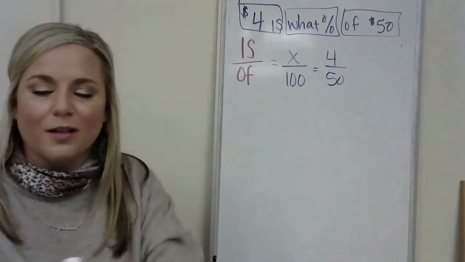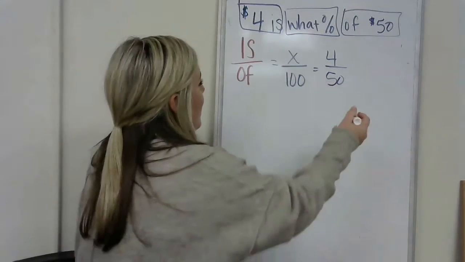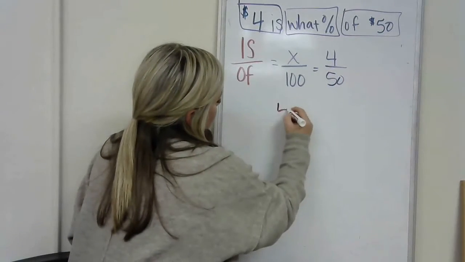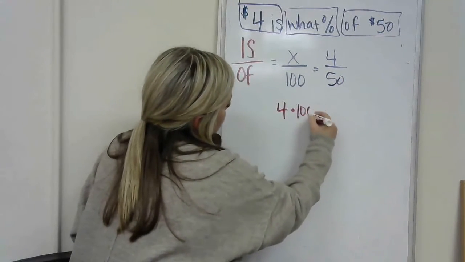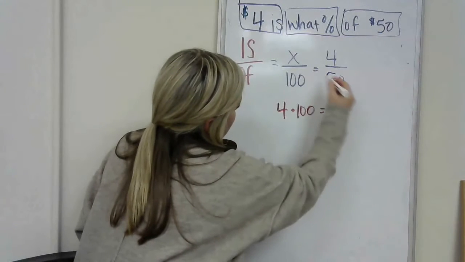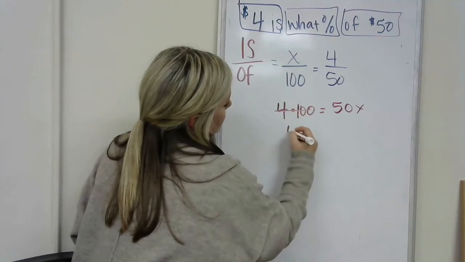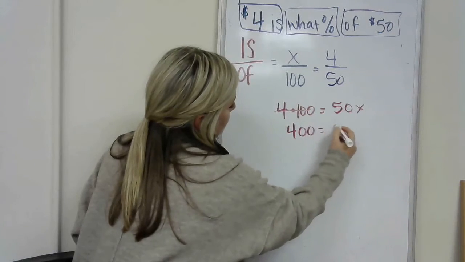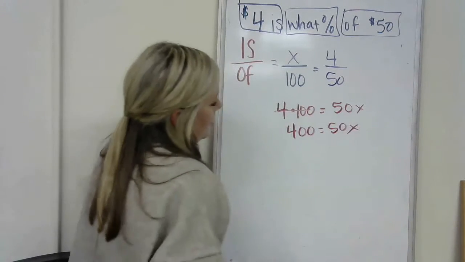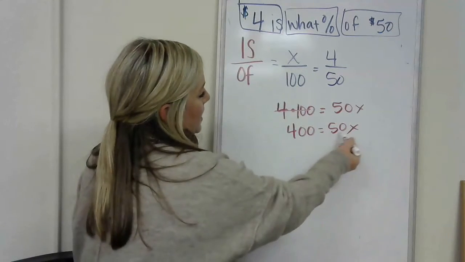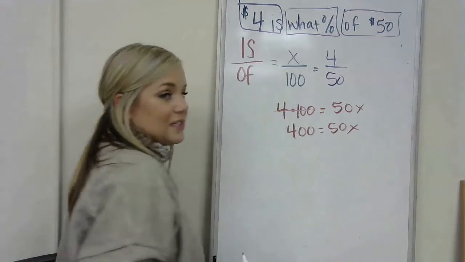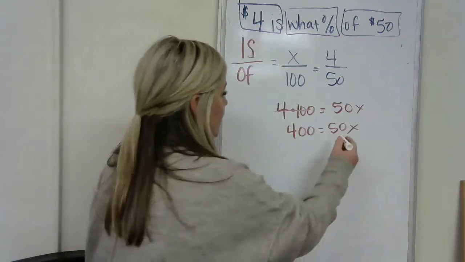I'm going to switch my colors up. Okay, so we have 4 times 100 is equal to 50x. Okay, we know 4 times 100 is 400 is equal to 50x. Okay, I'm going to undo this 50 to get the x by itself by doing the opposite, which is dividing.